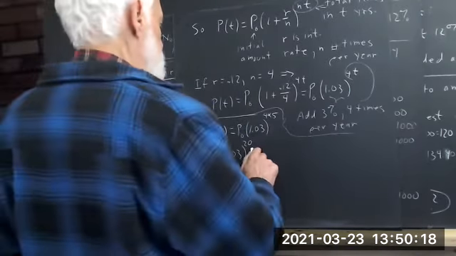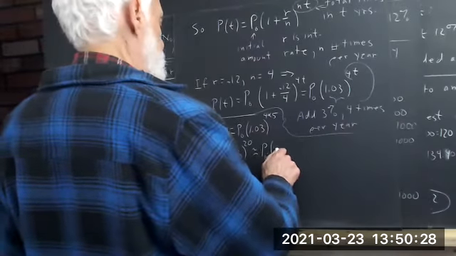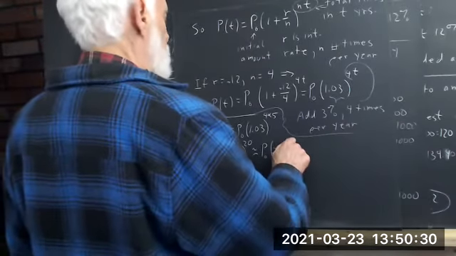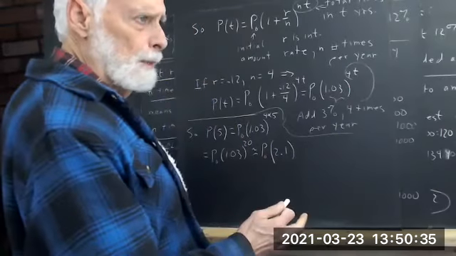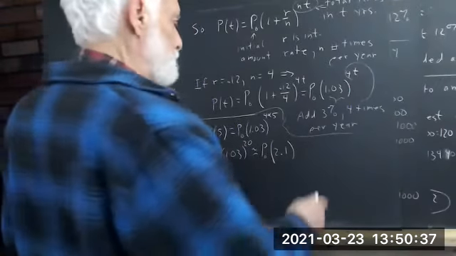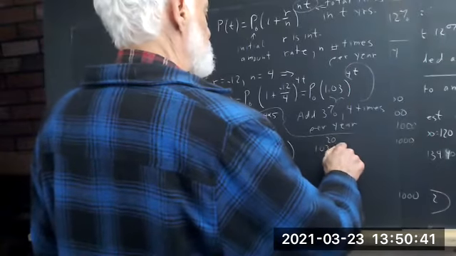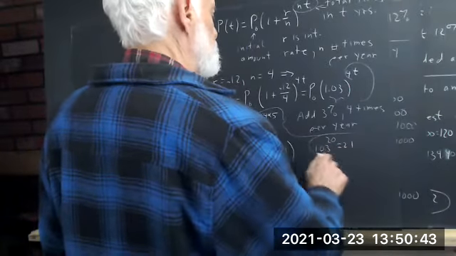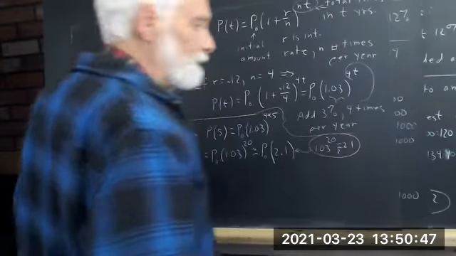And I'm going to take a guess at what this is. This might be something like P naught times 2.1. 1.03 to the 20th should be about 2.1, and a question mark on that.